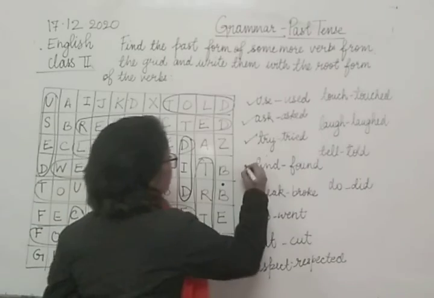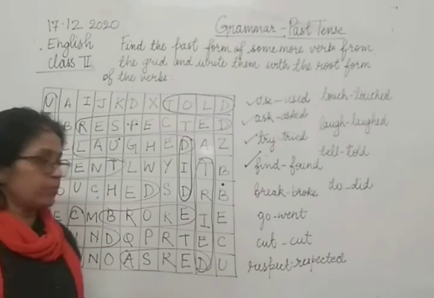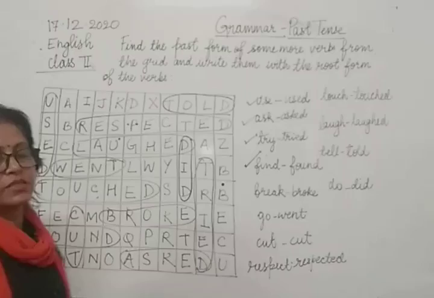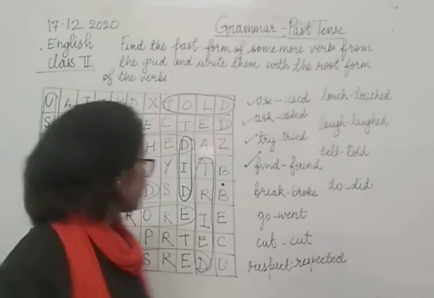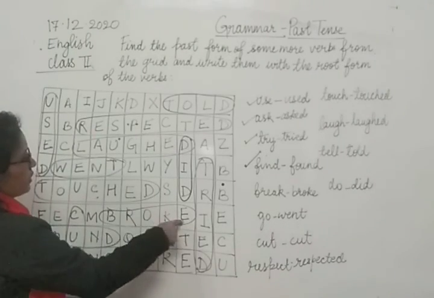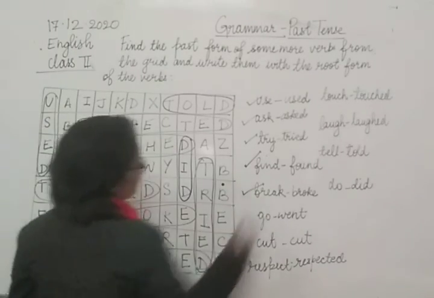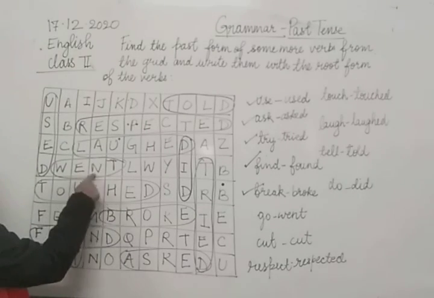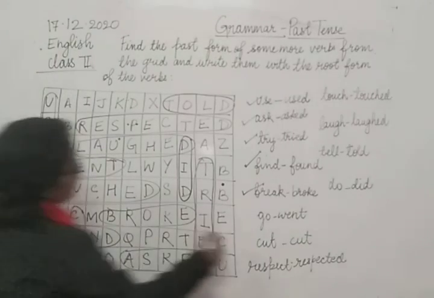Then break, और इसका past tense क्या होता है, break का past tense is broke. This also we have done. Then go का past tense क्या होता है, went, W-E-N-T. ये भी हमको मिल गया.